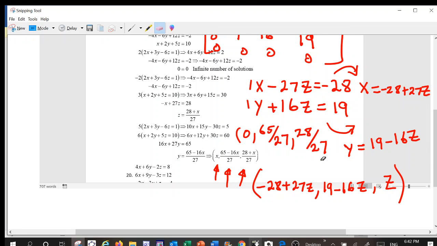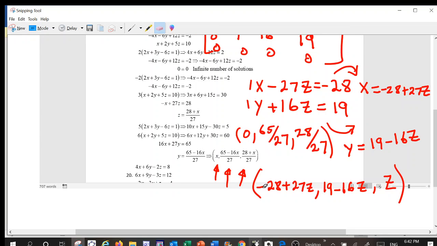If I substitute 28 over 27 for z here, 27 times 28 over 27 is going to be 28. 28 plus negative 28 is 0. So if you do that, you get the same answer. So these answers give you the same solutions, except that here z is free and here x is free. You can let x be whatever number and you get the rest of them. Here let z be whatever number and get the rest of it.